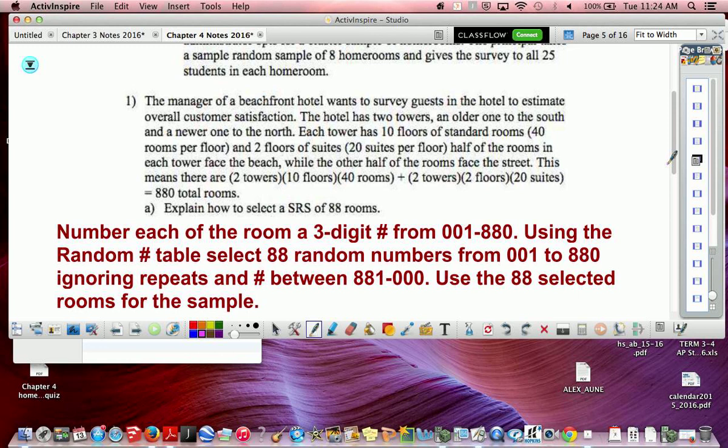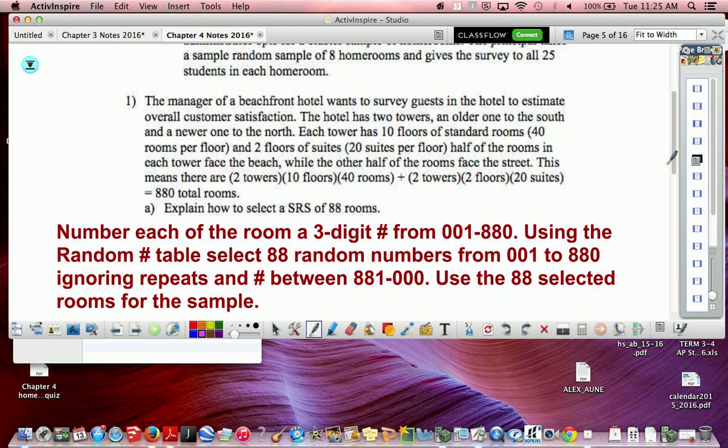But being able to at least explain this setup is what we want to make sure of. So notice how I'm labeling, and then I'm talking about at least how I would use the table.